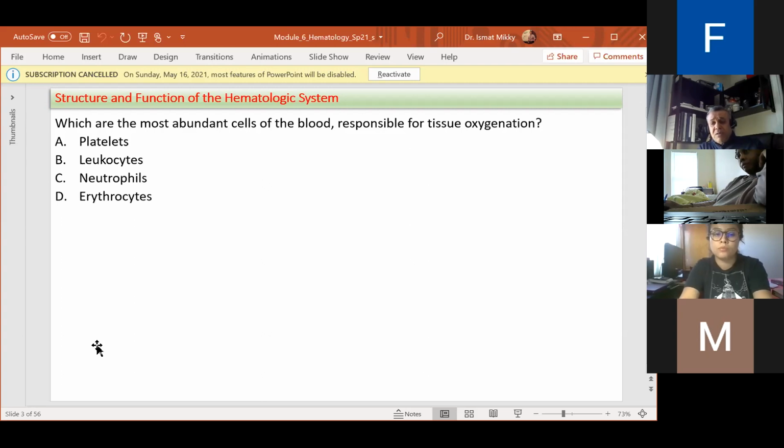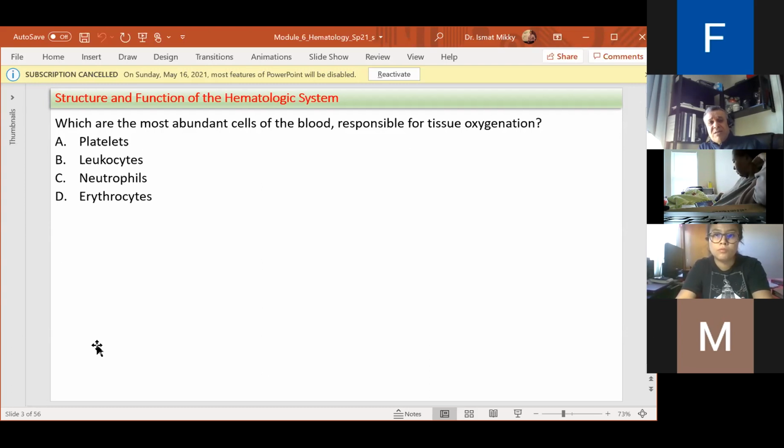The leukocytes, which are the white blood cells, what is their function? Infection. Right. It's a defense mechanism to defend the body against organisms that can cause infection. They are also responsible for phagocytosis and removing debris.